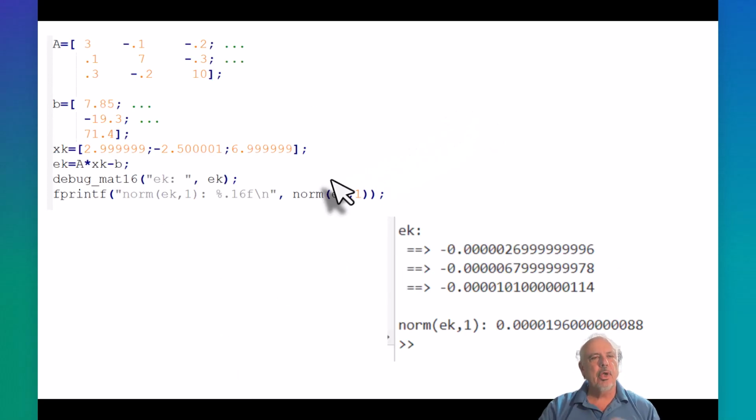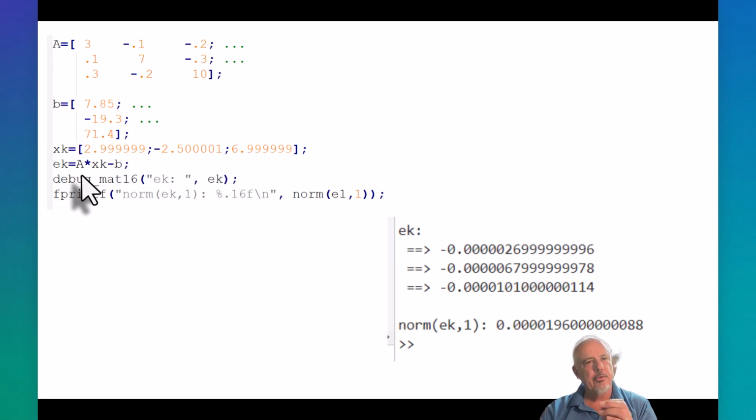This is the actual code that I used to get that value of the E vector coupled with the one norm of it. I basically started with A, B, and those three x values, x1, x2, x3, being close to 3, minus 2.5, and 7.